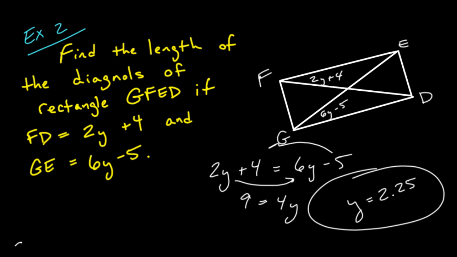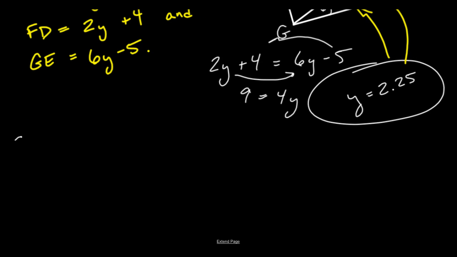Now we're not done with the problem because it actually asked us to find the lengths of the diagonals. So we're going to have to take that 2.25 and go ahead and plug it in for the diagonals there. It doesn't matter which one we do because theoretically they're congruent, so we can plug it into either one. Scroll down a little and go ahead and take care of that. 2y plus 4 equals something.